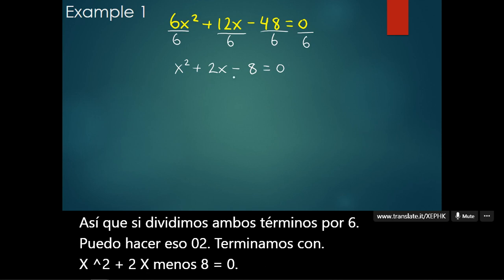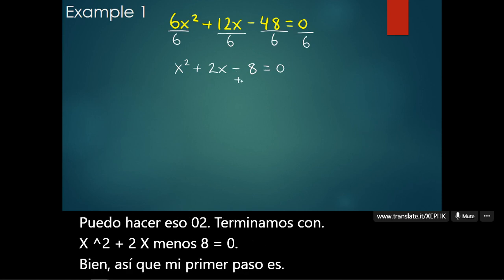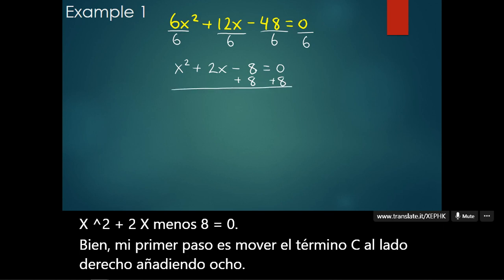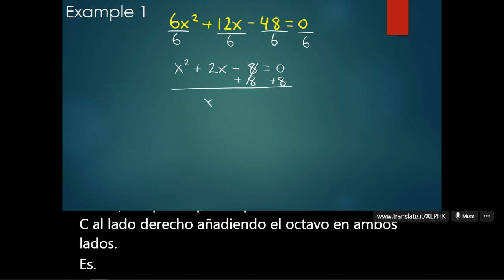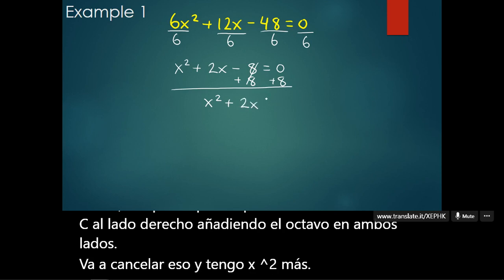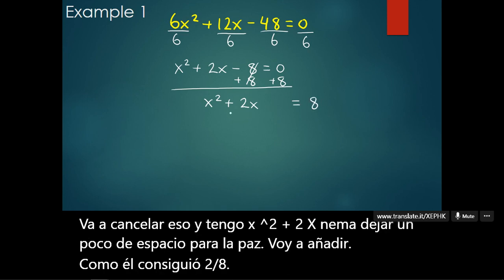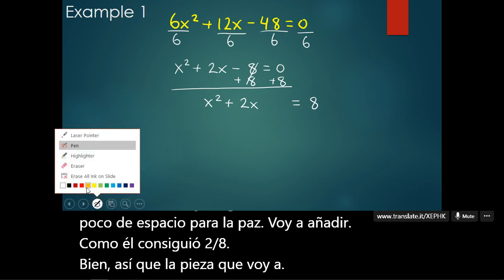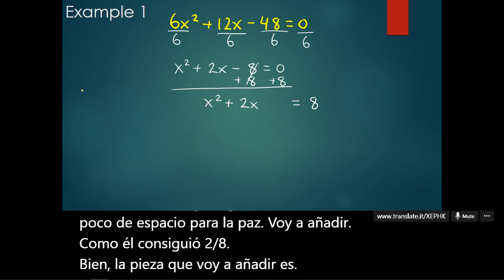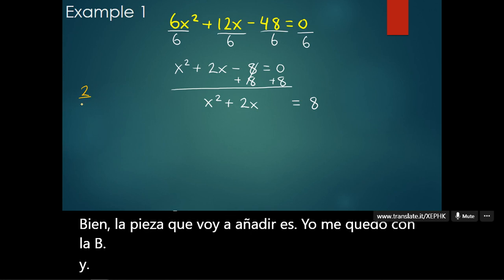All right, so my first step is to move the c term to the right-hand side by adding 8 on both sides. It's going to cancel that out. And I have x squared plus 2x, and I'm going to leave some space for the piece I'm going to be adding, is equal to 8. The piece I'm going to be adding is, I'll take the b and divide it by 2.